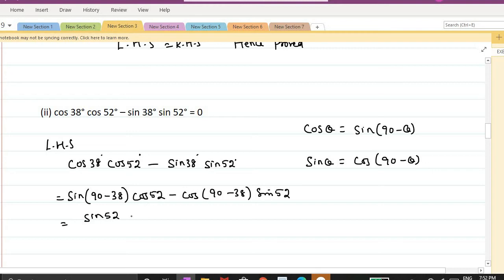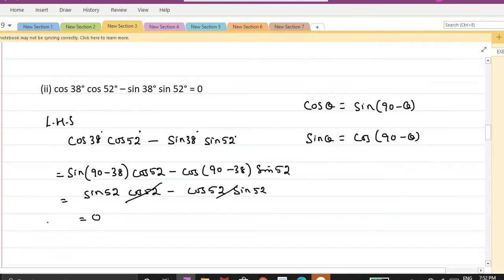Next one, cos 52 is as it is there, minus cos of 90 minus 38 is cos 52 into sin 52. So here minus cos 52 sin 52, here plus sin 52 cos 52. I can cancel both sides. That is equal to 0. This is the left hand side answer.